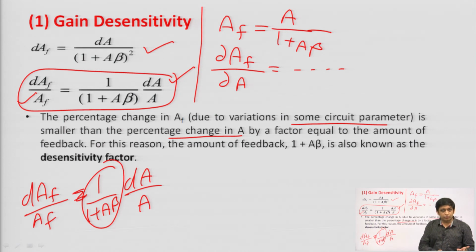A is your open loop gain, that is gain without feedback, AF is your closed loop gain, that is gain with feedback. So, with the help of negative feedback, your variation in gain is lesser by the amount 1 plus A beta, that is a good thing. We want a stable gain, we do not want our gain to change if there is a small change in parameter values or a small change in temperature. So, this is the derivation to understand how negative feedback desensitizes the gain.